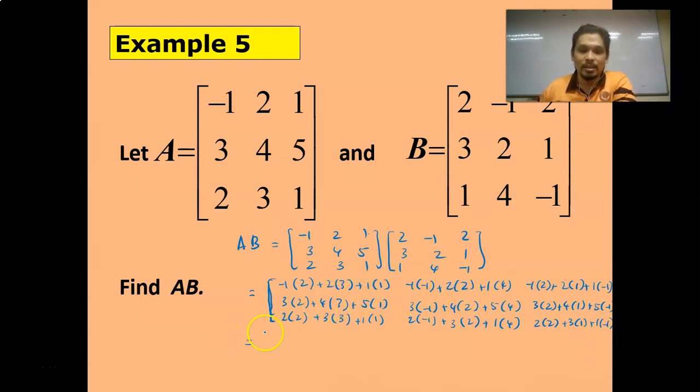Okay, so then we are going to find the sum of every single element row that we have here. So negative 1 times 2 is negative 2. Negative 2, 6, 1. Negative 2 plus 6, 4 plus 1 equal to 5.